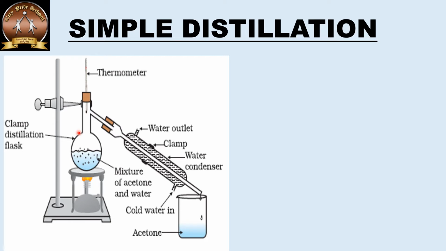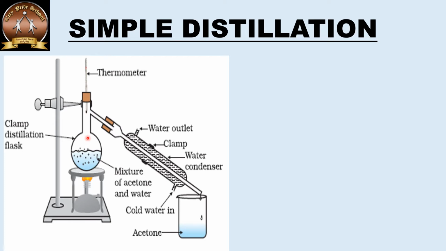As soon as the concentration of the acetone vapor increases, it gets pushed into this condenser. Also, the reason it gets pushed into the condenser is that the temperature is quite low over here as compared to the temperature over here.